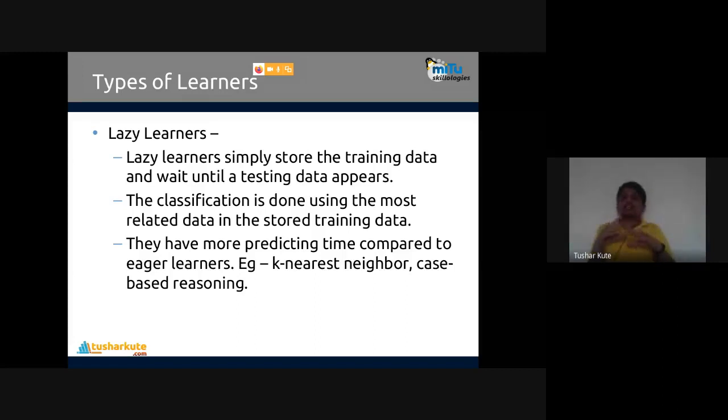Machine learning creates a model from the data, and after that the data is not used onwards. Remember, in a lazy learner, data will be used. So the model is not created, it directly uses the data for predictive analytics. That is the lazy learner.